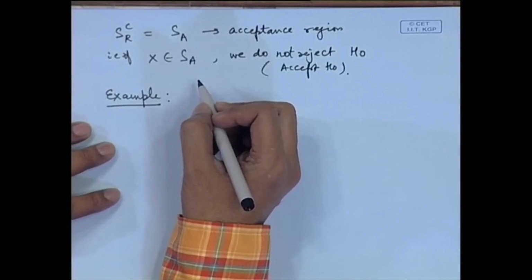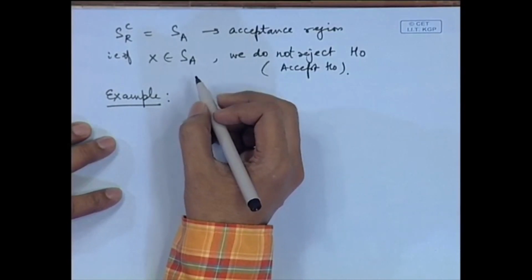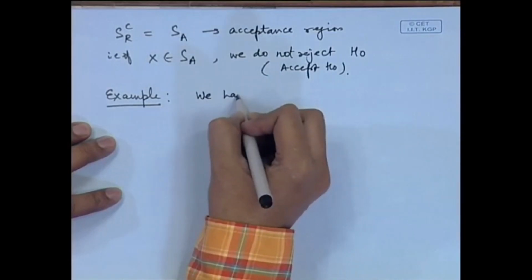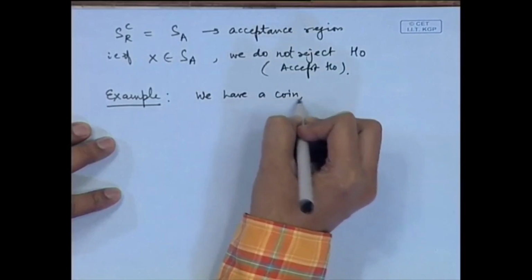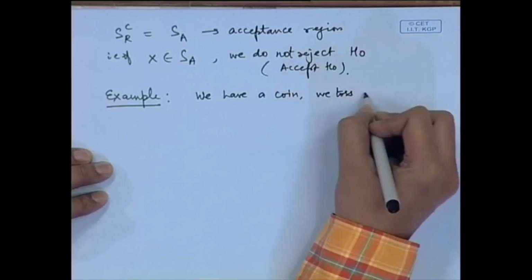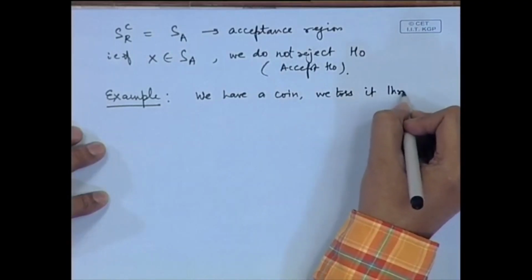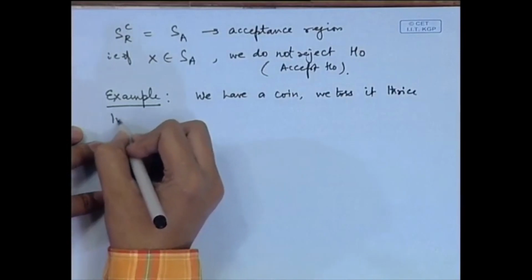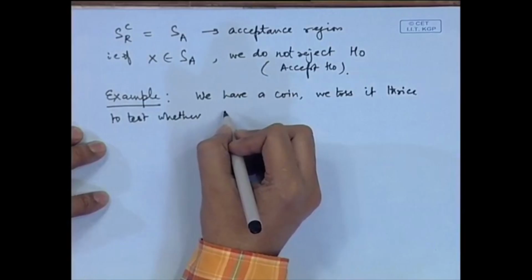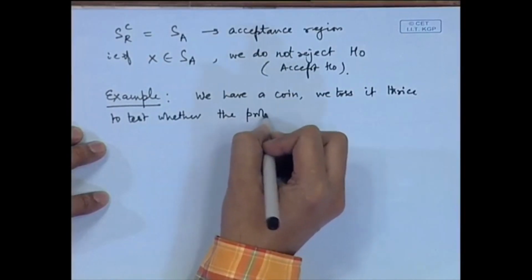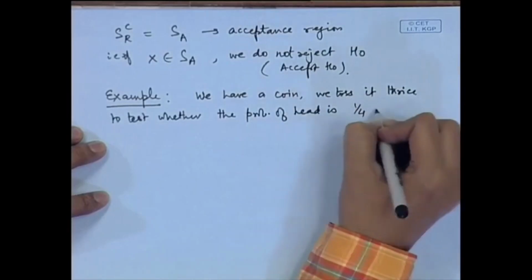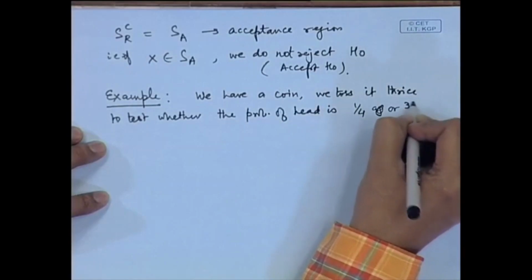So, we want to test whether, so we have a coin and we toss it say thrice, to test whether the probability of head is say 1/4 or 3/4.